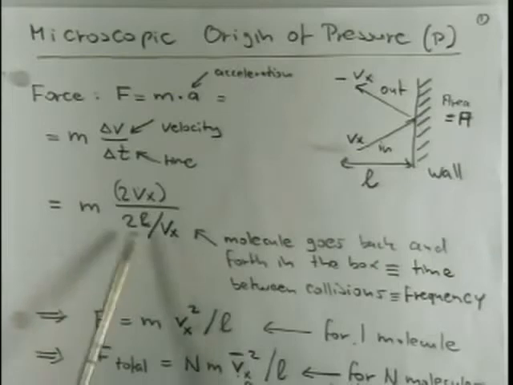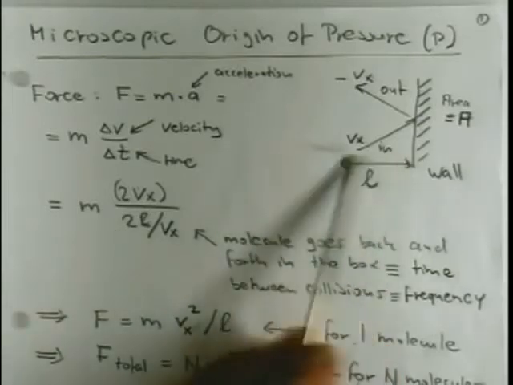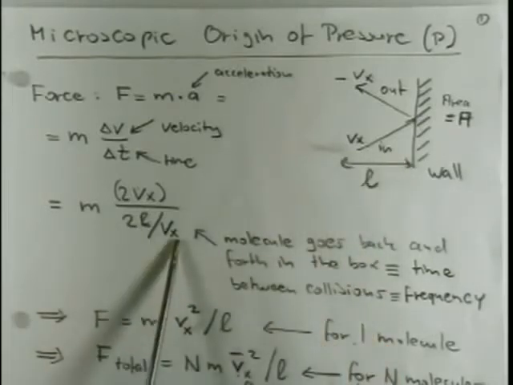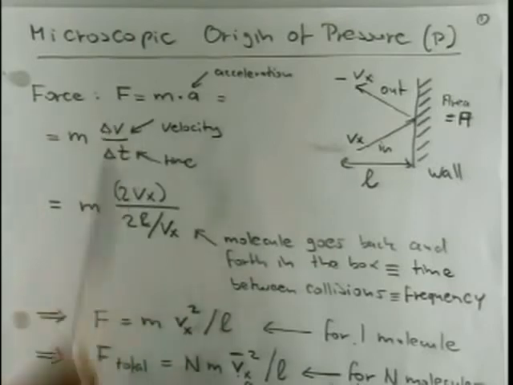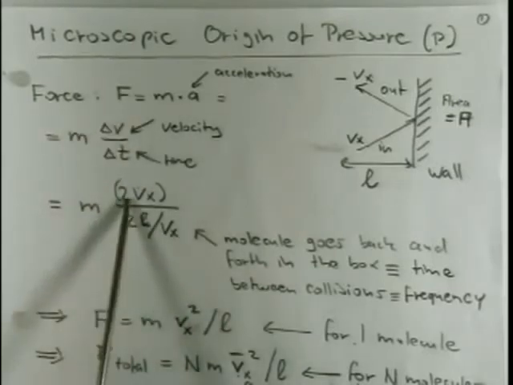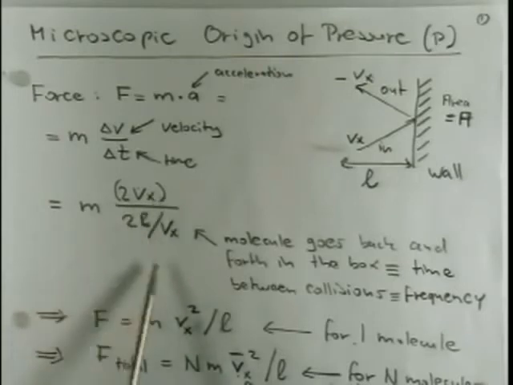The time is the length going in and out, 2 times the length, divided by the velocity. So now I have the equation: F equals m times 2 times Vx divided by 2L, all divided by Vx.